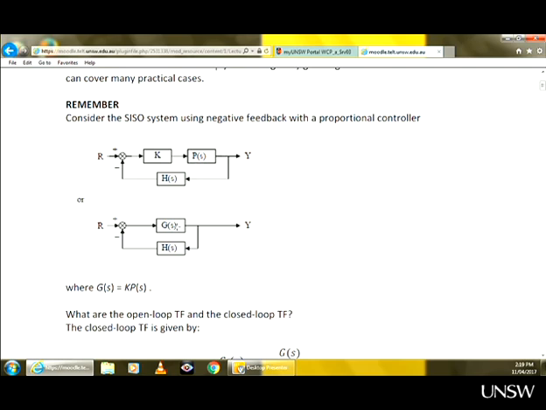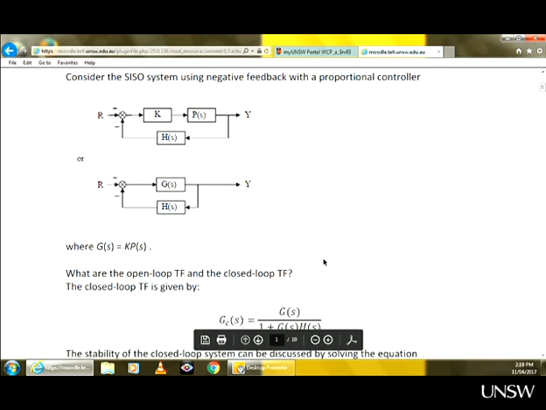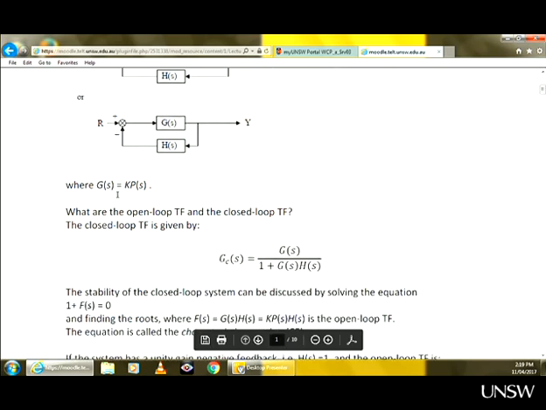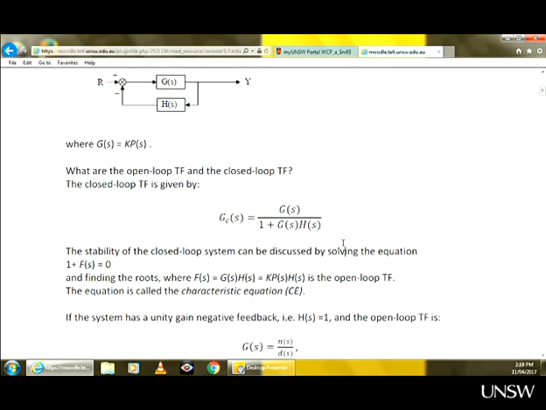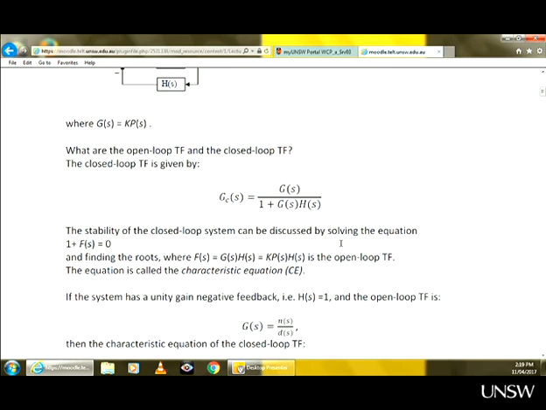So if G of s is the open loop, the closed-loop transfer function will be equal to this expression here, as we all know. How stable the new system is will depend on the denominator of the new system. So we set this denominator polynomial equal to 0 and solve the equation, where F of s is G of s, H of s.